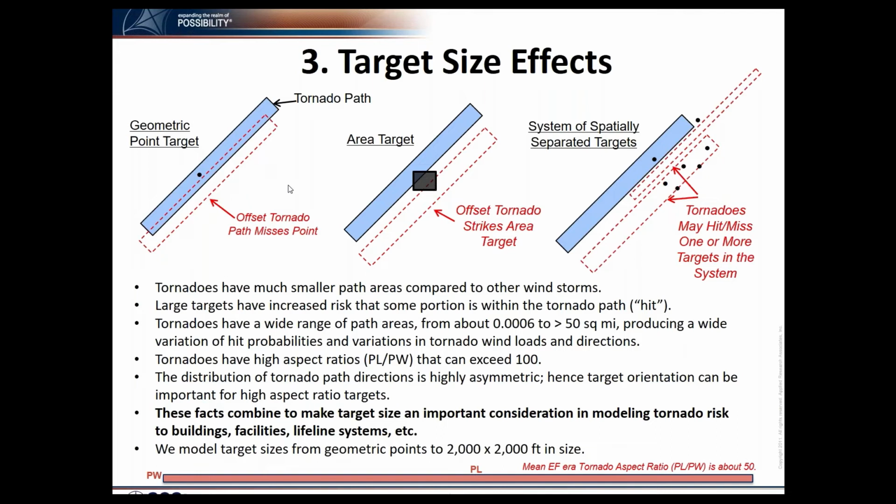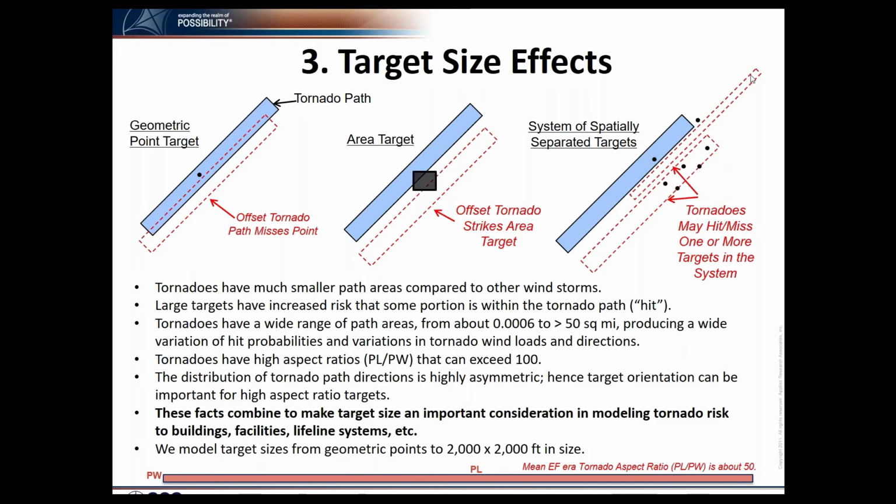And many of you know there is a target size effect on the tornado hazards. Here is one example showing, for the point target, if the tornado path is slightly offset from this point target, it is not affecting this point target. Point targets, we can consider as a pole structure or a transmission tower structure. Whereas for the same offset, it can affect a large area target.